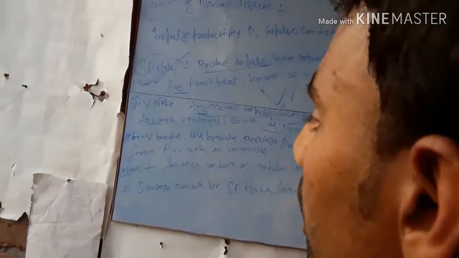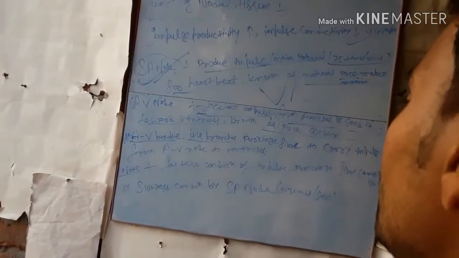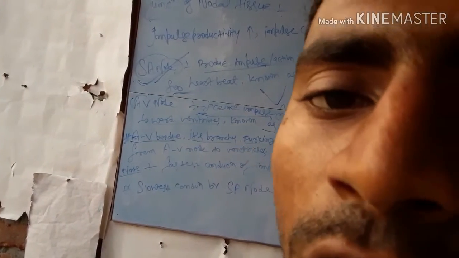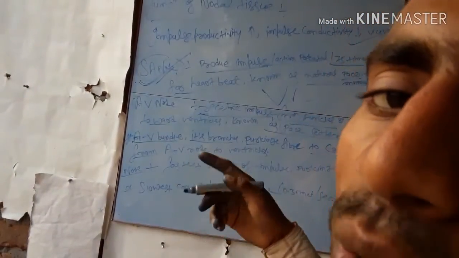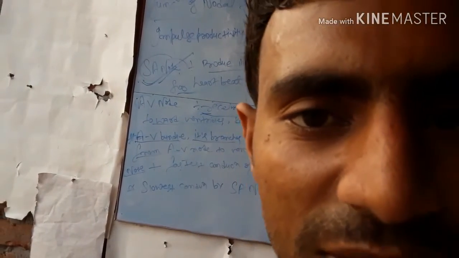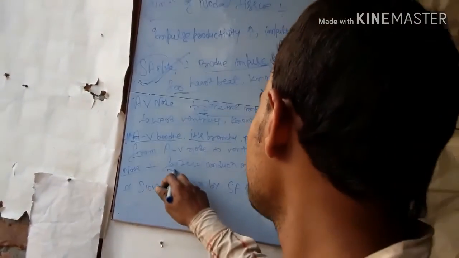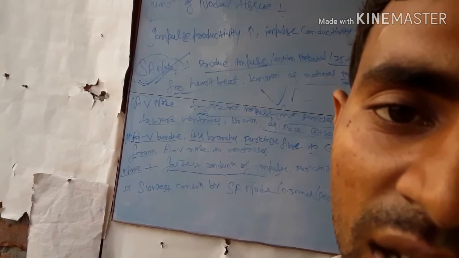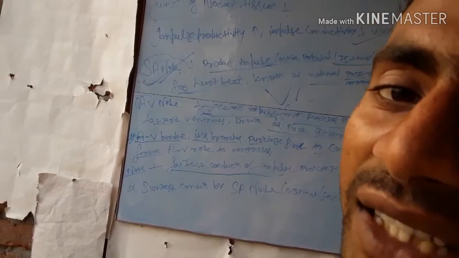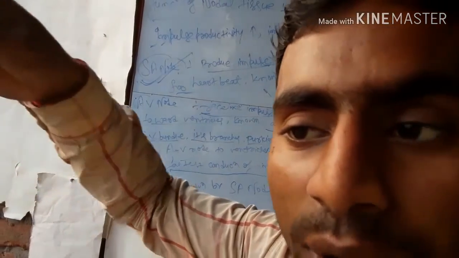Next point: the auricular ventricular bundle, its branches and also Purkinje fibers carry impulse from the auricular ventricular node to the ventricles. Note here the fastest conduction of impulse. Never forget this point: impulse productivity increases, impulse conductivity decreases.